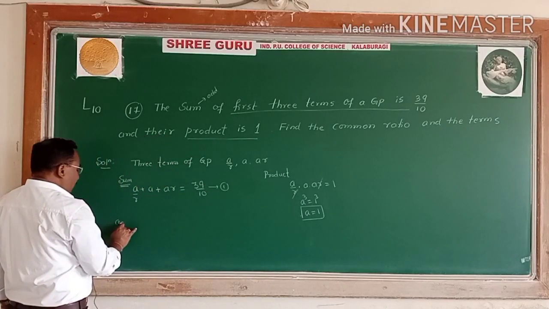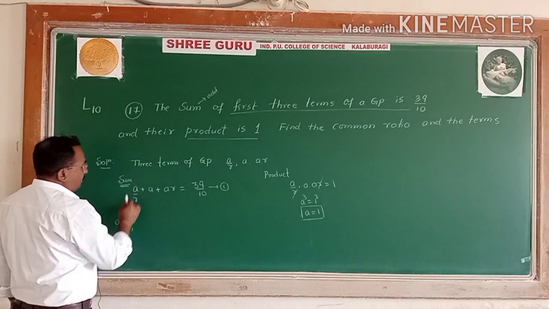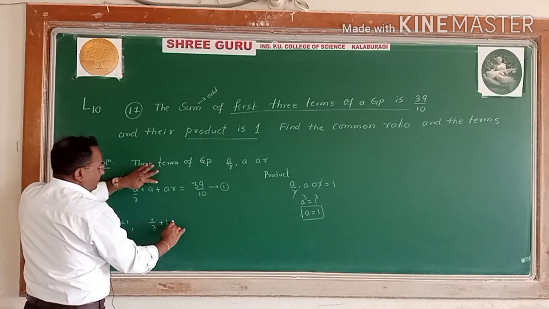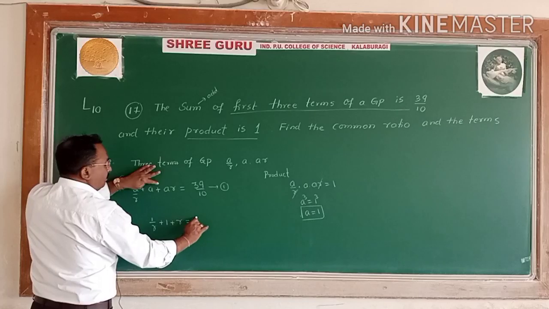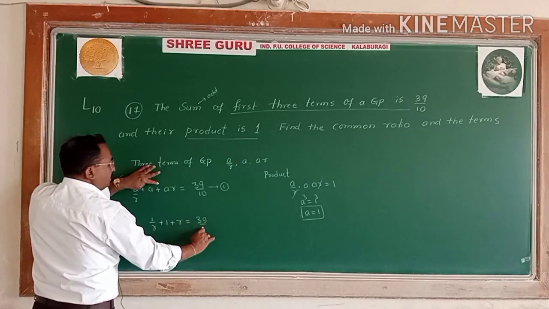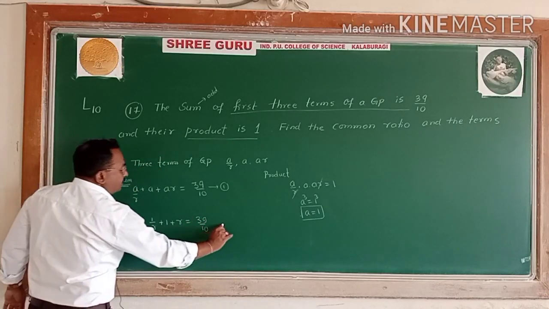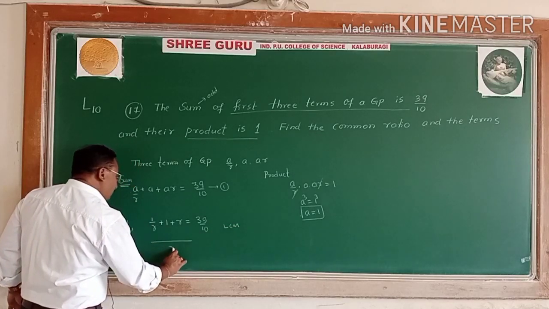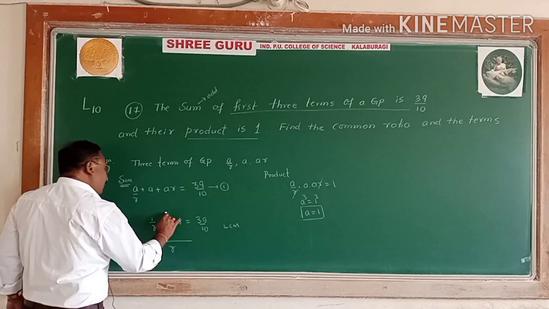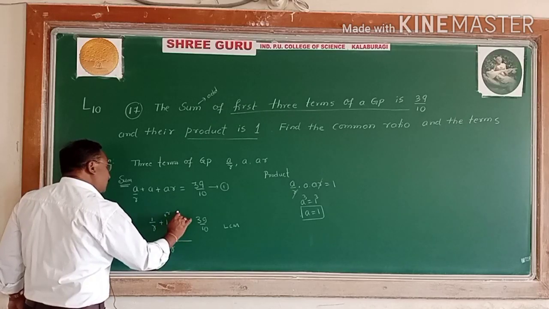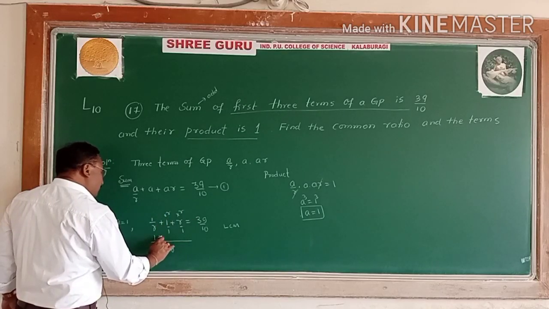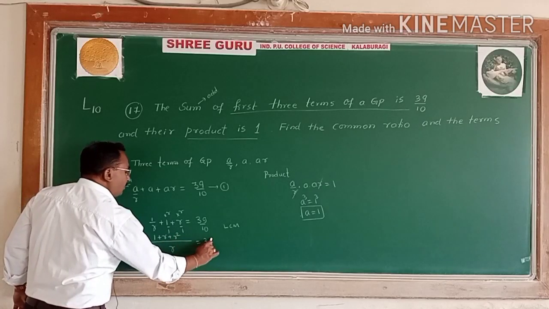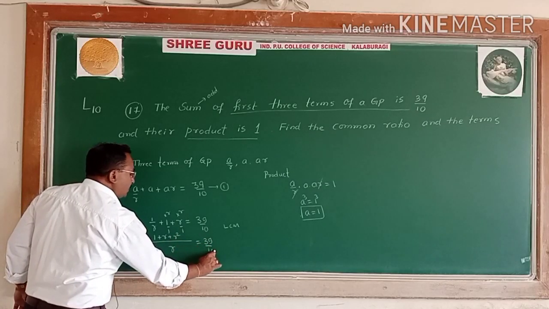If A is equal to 1, in equation number 1, put 1 by R plus 1 plus R is equal to 39 by 10. Apply LCM. LCM is R. Then 1 plus R square is equal to 39 by 10.